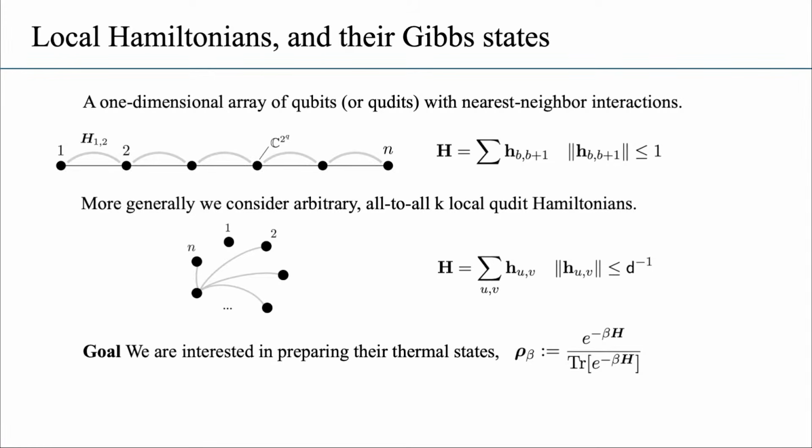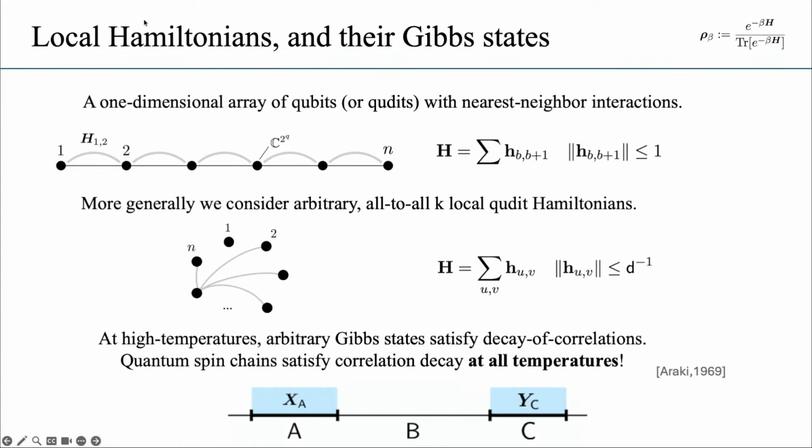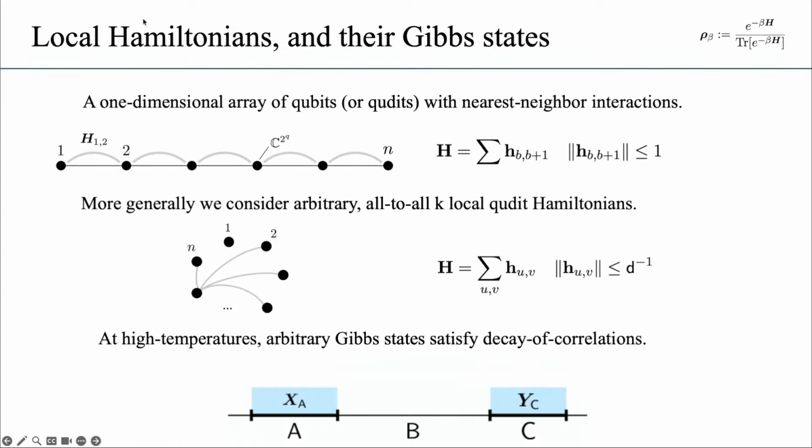Great. So what's the prior on what we should expect to be able to do in thermal state preparation? Well, the big picture is that, at high enough temperatures, you approach the maximally mixed state, and you expect that measurements on a given region, say A of the qubits, shouldn't really affect measurements on a faraway region C of the qubits, as the temperature is high enough.